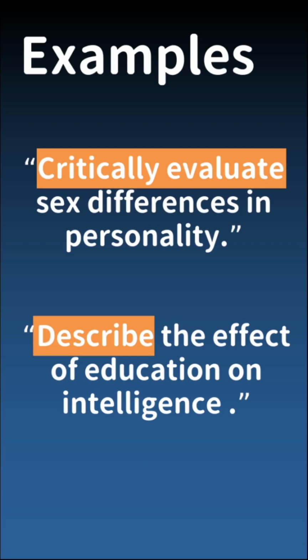So clearly the purpose behind the question is to hear what the student knows about the specific causal effects of education on intelligence, and not the other way around. Just saying, for example, that people with higher intelligence do better in school is not in and of itself addressing that specific causal relation. So again, that is a good example of reading the question really carefully. What are they after? What do they want to know from you?